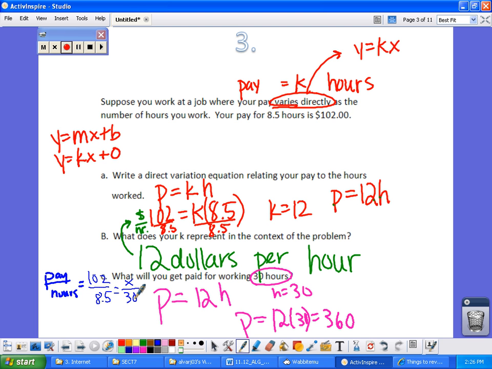And you can do this by cross multiplication. So I would do 102 times 30, which gives me 3,060 equals 8.5x. Divided by 8.5, divided by 8.5, x still would equal 360. This is doing it by a proportion, and this is doing it by an equation. Either way is acceptable.